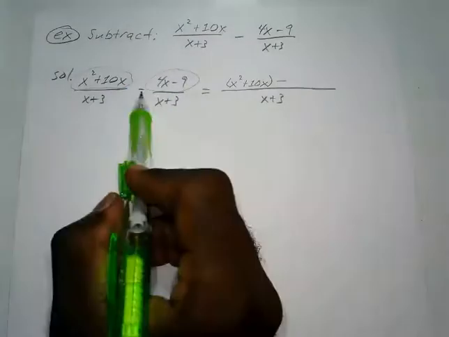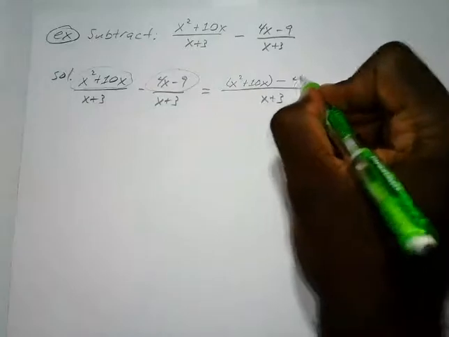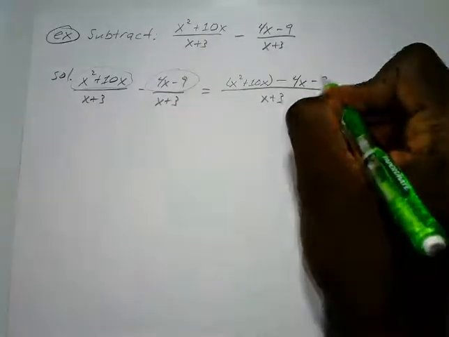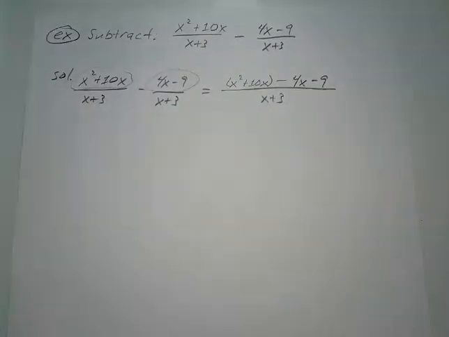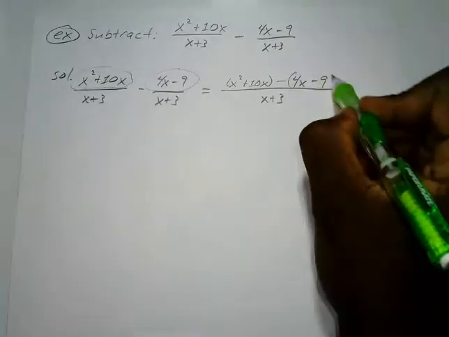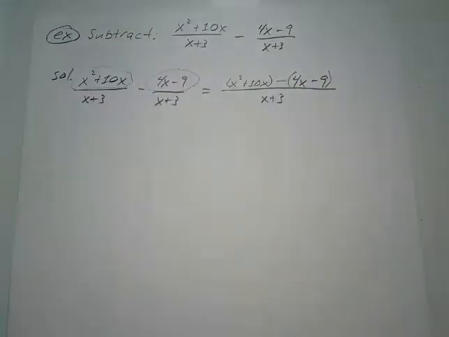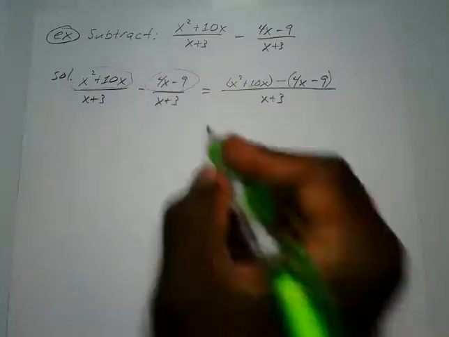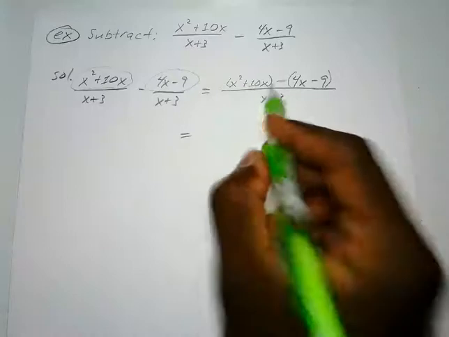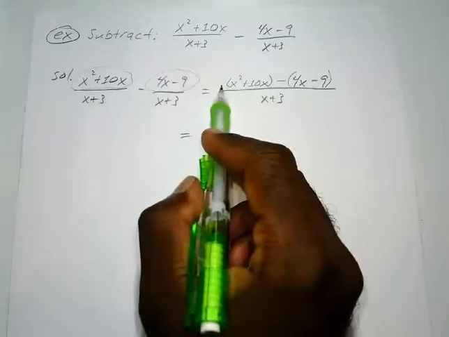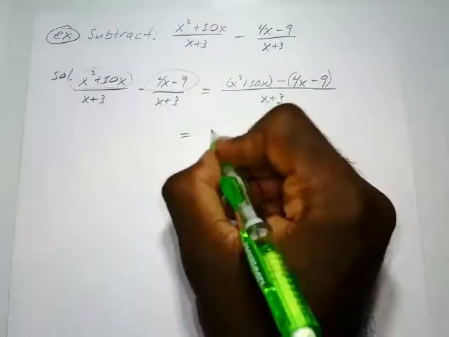If you just put minus 4x minus 9, you would get an incorrect answer, because you're subtracting that entire numerator. That's why the parentheses are very important. Now you get rid of the parentheses. This is positive, so this is just x squared plus 10x.